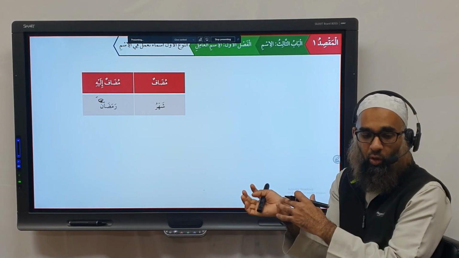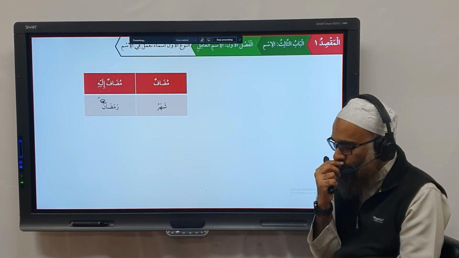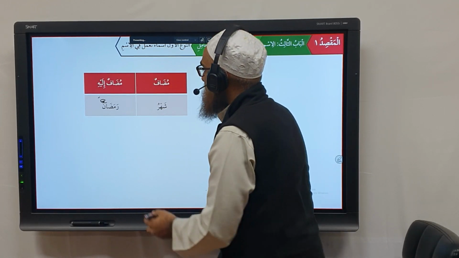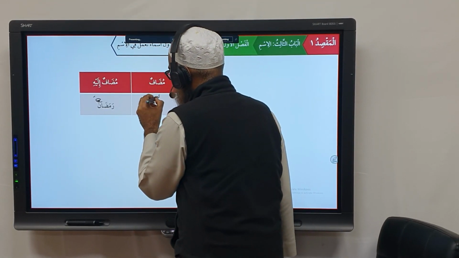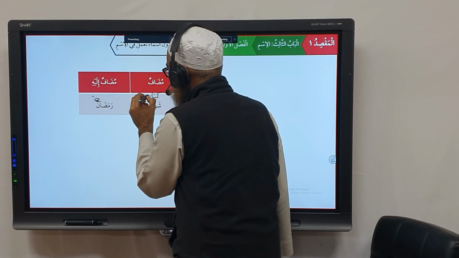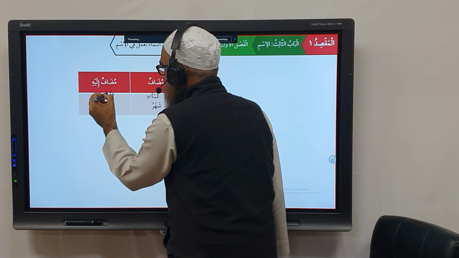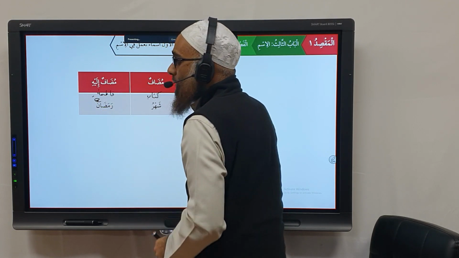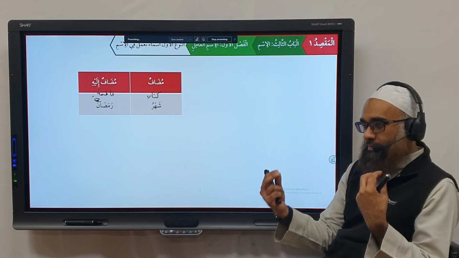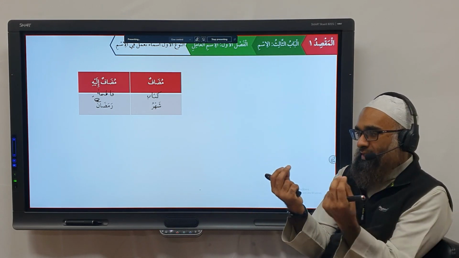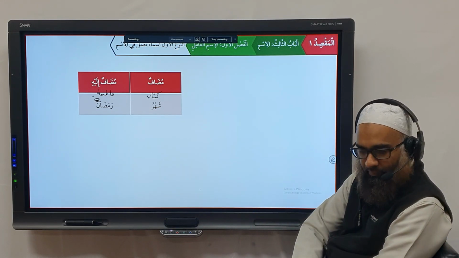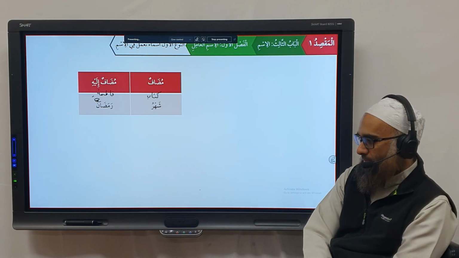Shahru Ramadan, the month of Ramadan. Another example could be Kitabu Fatimata, the book of Fatima. So we have two items, Kitab and Fatima. One is being linked to the other. Is that clear? That's what we've done in basics.